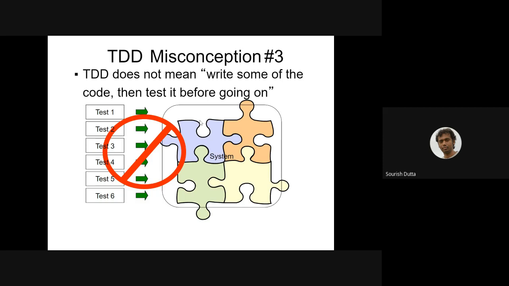And TDD doesn't mean you start by writing some code, then you move to testing. TDD means that you write your test cases even before any implementation class exists. So even forget about your test cases passing, your code will not even compile.